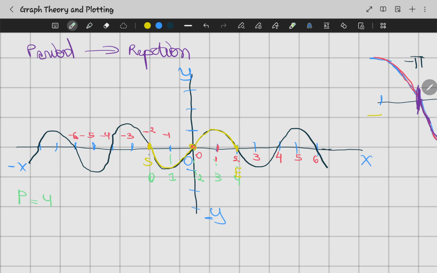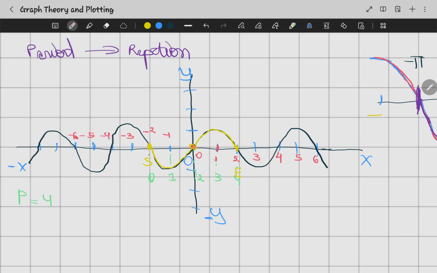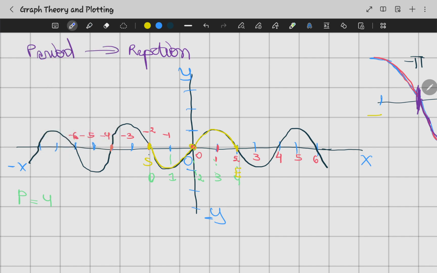Okay, if you don't want it this way, we can just try something else. Let's just select another point. We can also even take this point here, and then this is where we're going to find our period. We're going to take this point where the signal starts, and then let's say the signal ends here.